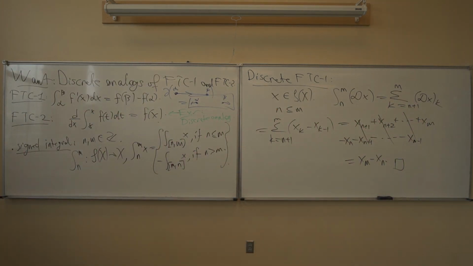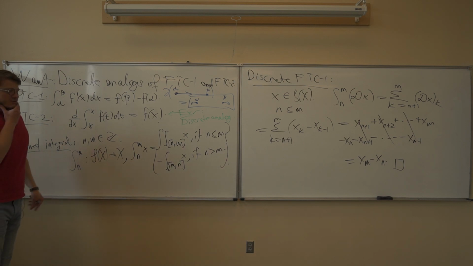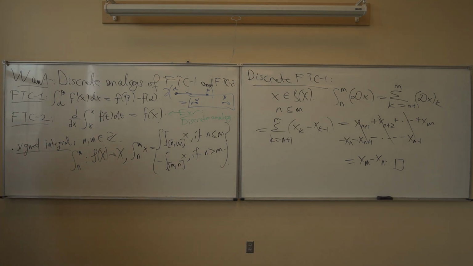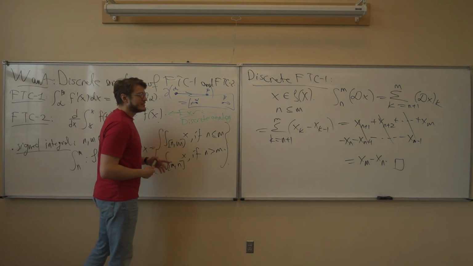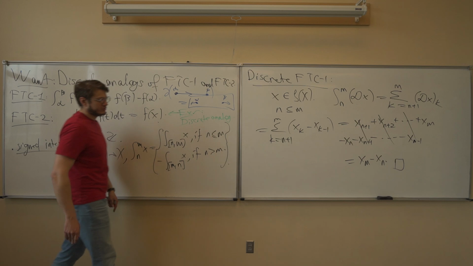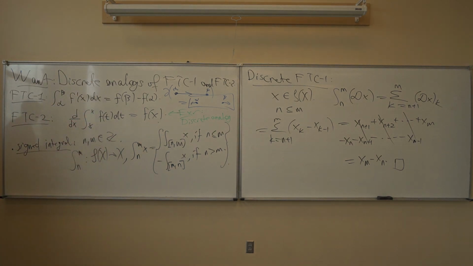So simple compared to the classical one. And a similar thing holds for the second fundamental theorem also. Okay, so that's it for today. Tomorrow, or on Friday, we're going to be really switching over to improper integrals in this discrete world. That is the infinite series. Thank you.